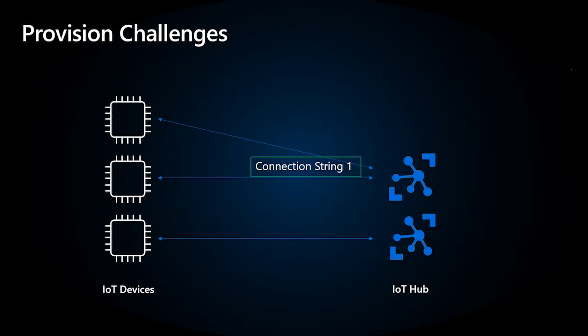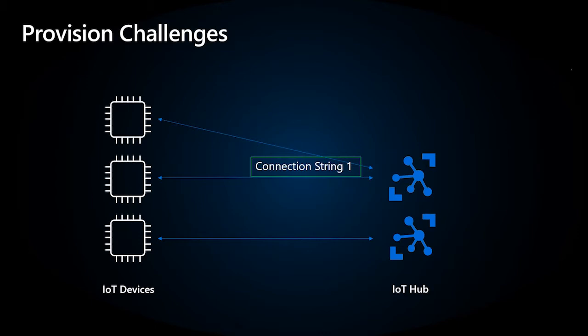Expanding a little bit more, what if you want to add a new IoT device to a new IoT hub? Now it's getting a little bit harder because you have to keep track of multiple IoT hubs. So you can see on my screen right now that you have two IoT hubs, and now you have a different connection string that you're trying to connect one device to one IoT hub and one device to another IoT hub.